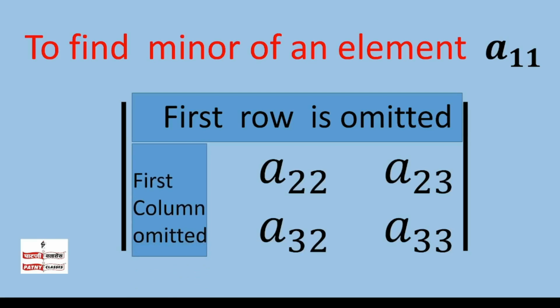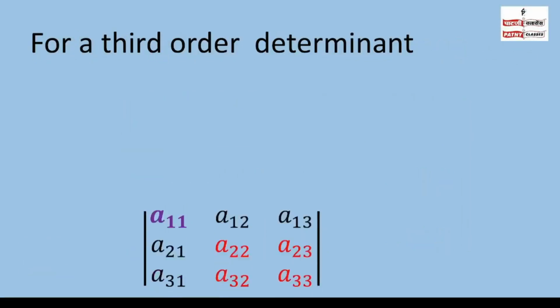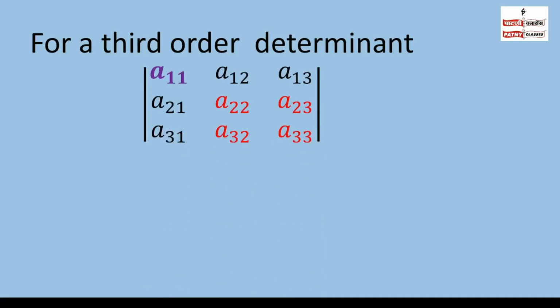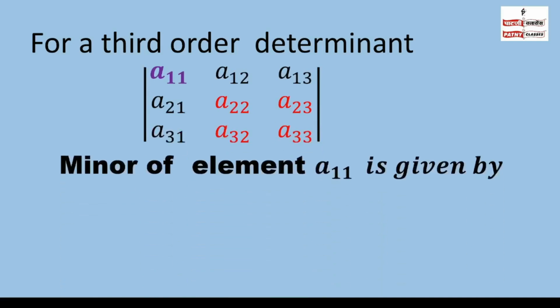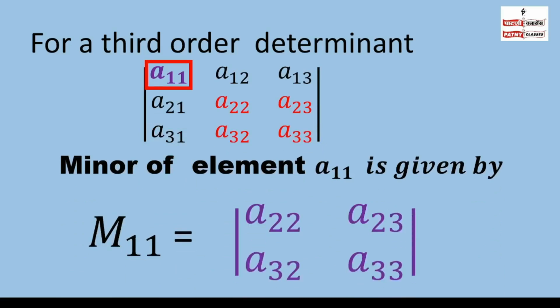That is, to find the minor of A11, we find the determinant of A22, A23, A32 and A33. For example, the minor of A11, given by M11, equals the determinant of A22, A23, A32 and A33.